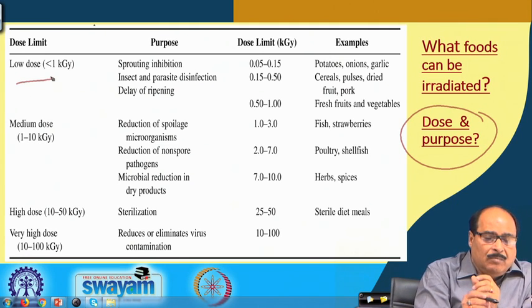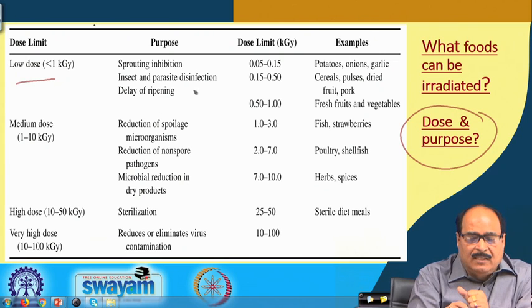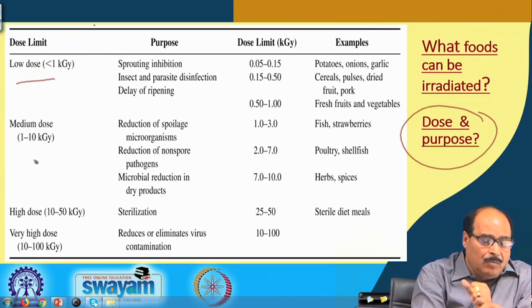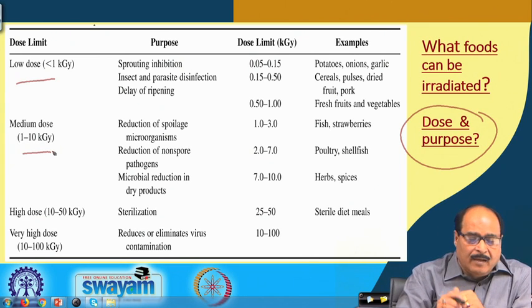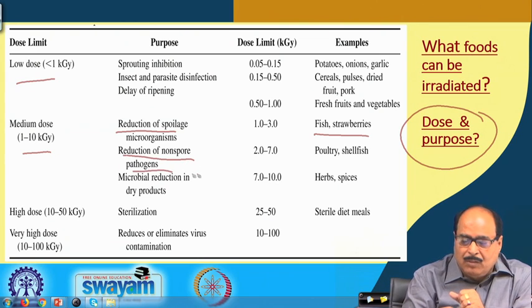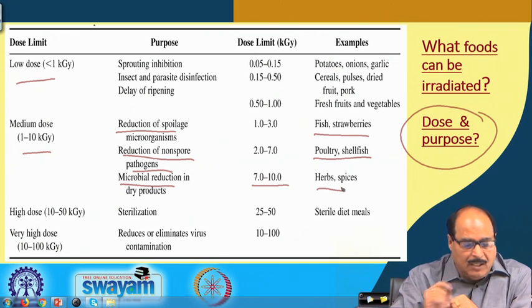A low dose, maybe less than 1 kilo gray, can be used for sprouting inhibition, insect and parasite infestation, and delay in ripening in the case of potatoes, onions, garlic, cereals, pulses, dried fruit, pork, etc. A medium dose, maybe 1 to 10 kilo gray, can be used for reduction of spoilage of fish and strawberries, reduction of non-spore pathogens in poultry and shellfish, or maybe 7 to 10 kilo gray for microbial reduction in dry products like herbs and spices.